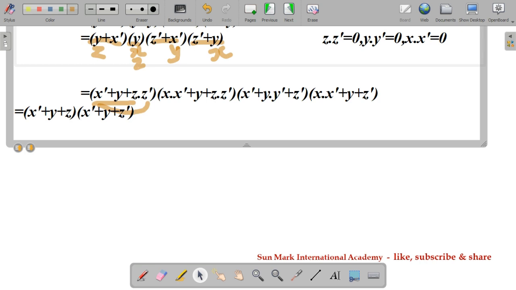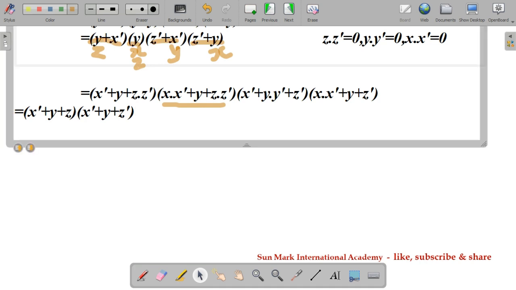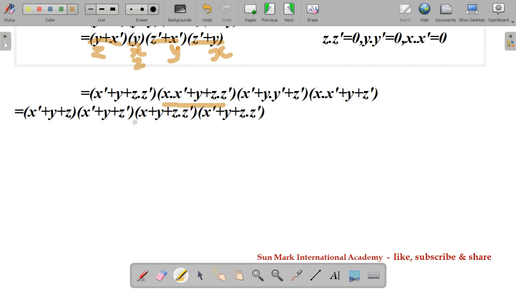The first term is over. The next one, the second: here x·x' and z·z' are there, so we write (x + y + z)·(x + y + z'), and another (x' + y + z)·(x' + y + z'). Here in these two terms we got one more value, z·z', and here also z·z'. That we will simplify in the next step.